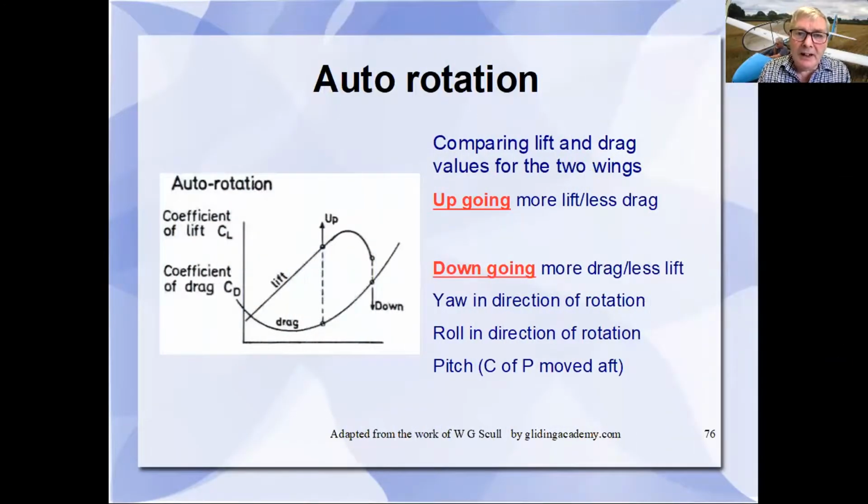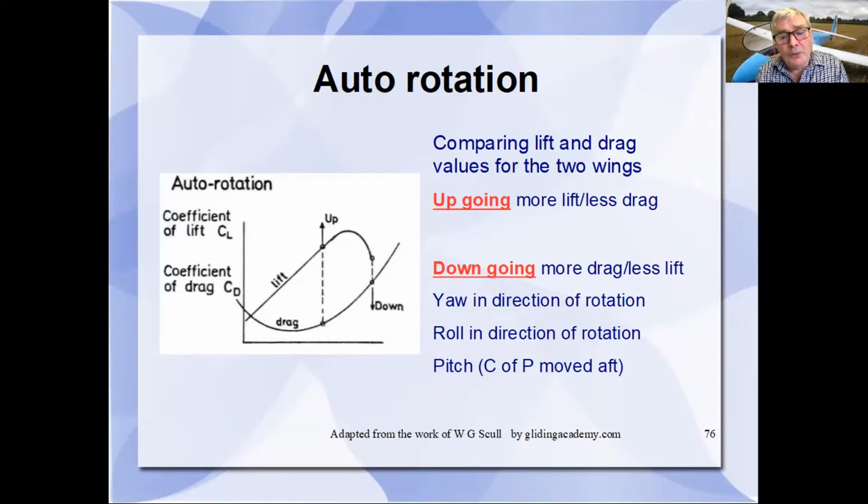And if we compare the lift and the drag values for the two wings, we'll find that the upgoing wing has got more lift and less drag, and the downgoing wing has got more drag and less lift compared to the other wing.